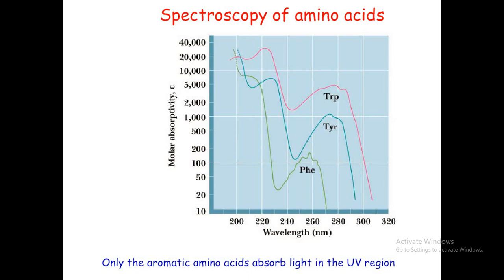Are you understanding what I wish to explain, that is, why this absorption of light by amino acids is important and why this aromaticity or light absorption makes them unique?